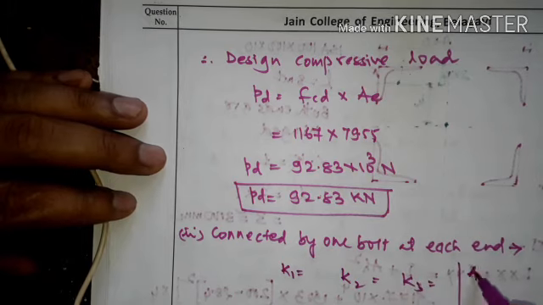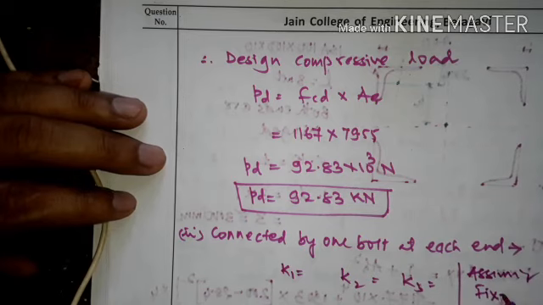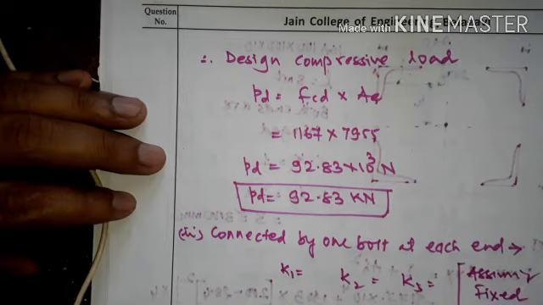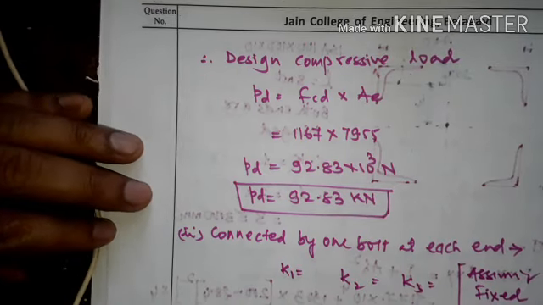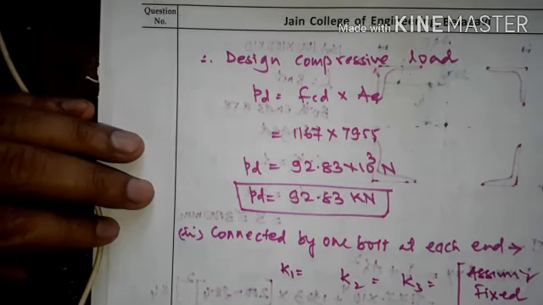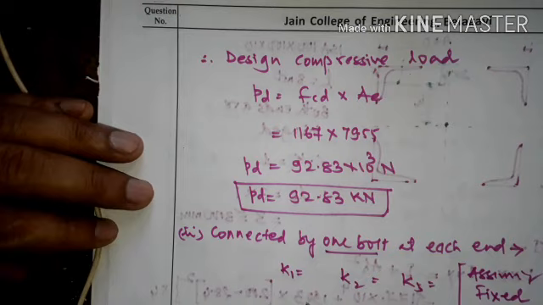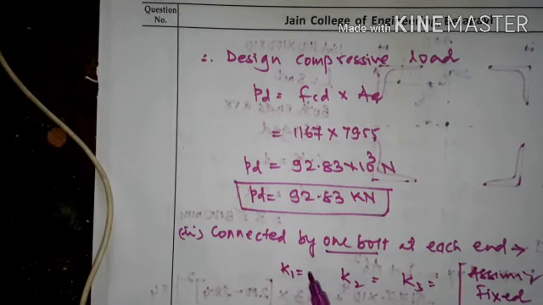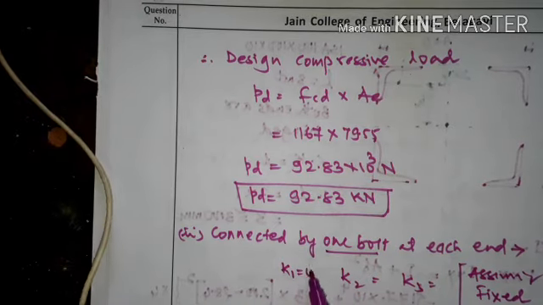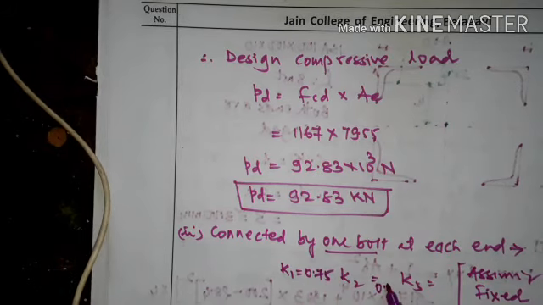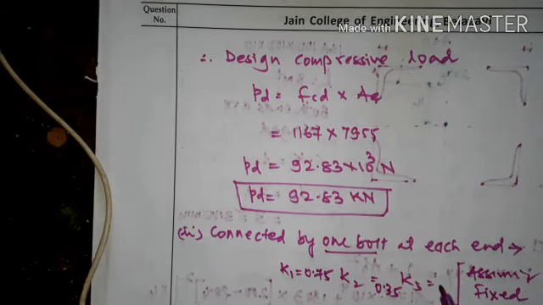So I will not solve this problem again, I will just write K1, K2, K3 assuming fixed. Okay, assuming fixed. So therefore by table number 12, here one bolt is there, so the value of K1 we will get as 0.75, K2 as 0.35 and K3 as 20.